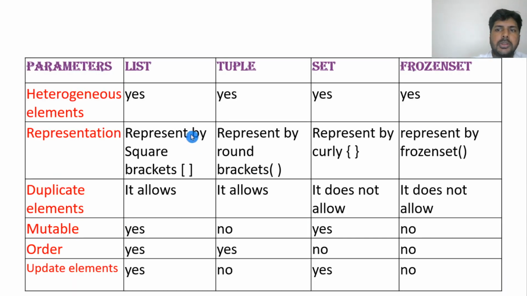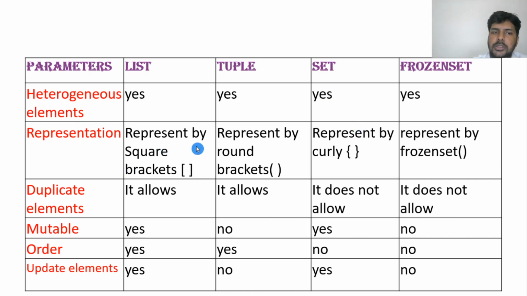Coming back to our topic, let us see what the differences are between a list, tuple, set, and frozen set. Okay, so first, heterogeneous elements. Yes, list will take heterogeneous elements, tuple will also take heterogeneous elements, set will also take heterogeneous elements, and frozen set will also take heterogeneous elements.